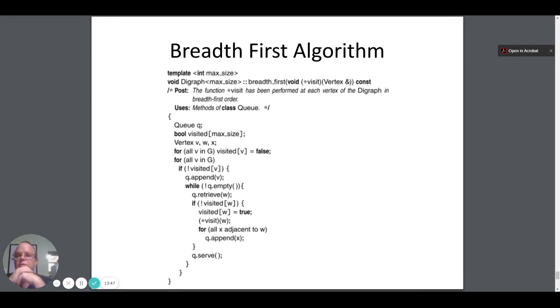And then the breadth first algorithm, which is not written as a recursive algorithm here, uses a queue to store those in. So it's first in, first out, whereas the depth first is last in, first out, or a stack type of structure. You could write the depth first non-recursive and make use of a stack, but it's probably easier to write it as recursive. We'll get a chance to look at these during the lab, so don't worry too much about the details of the code, but worry how these algorithms work.